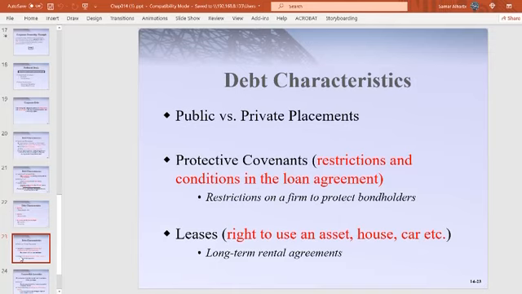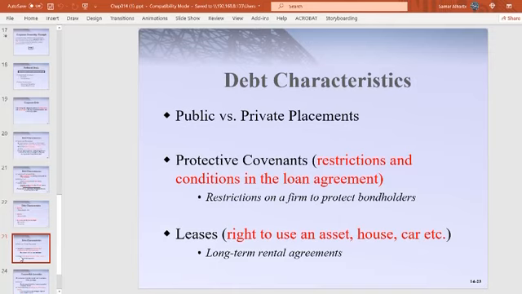Okay. Now, one very important term which is used in debt is protective covenant. What do we mean by that? Protective covenant simply means restrictions and conditions in the loan agreements. For example, if the company is taking debt, the lender may say, okay, you will only use this money for these business activities.